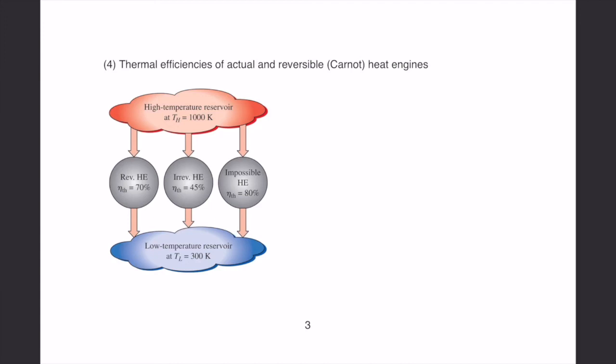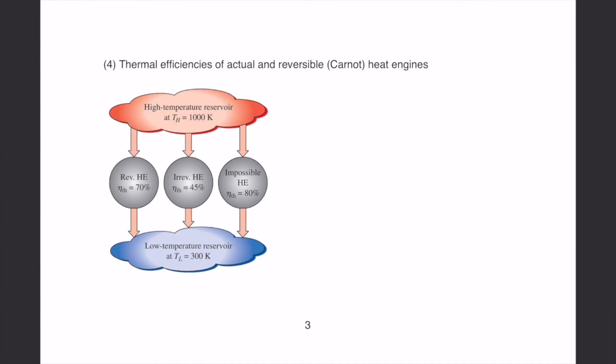Let's think of two reservoirs. One is a heat source reservoir, whose temperature is at 1000 Kelvin. And there's another reservoir that is a heat sink at TL of 300 Kelvin. Now, let's say we design a heat engine that runs between these two heat reservoirs. What is the maximum efficiency that we can ever achieve?